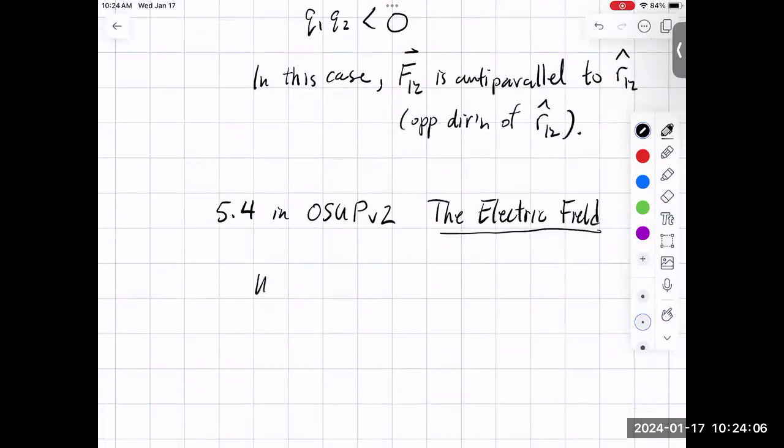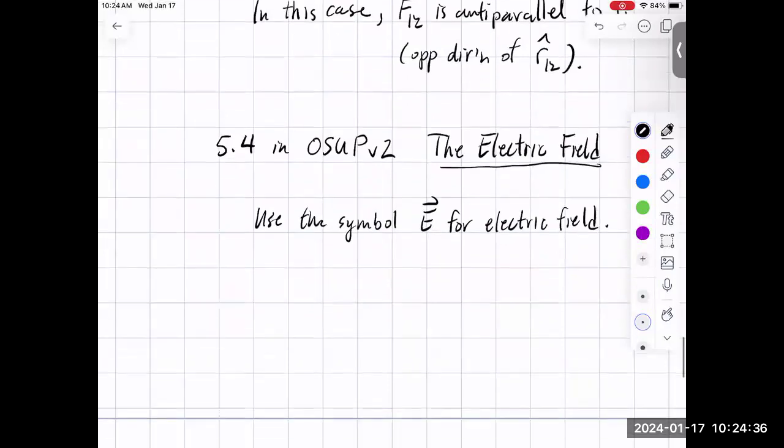Okay, so we will use the symbol capital E for electric field. I've drawn it with a vector symbol, so it's going to have a magnitude and a direction. In fact, you could have guessed that it would have to, because we've already said it's going to be used to help us calculate forces on charges. So if forces have magnitudes and directions, then our electric field will as well.